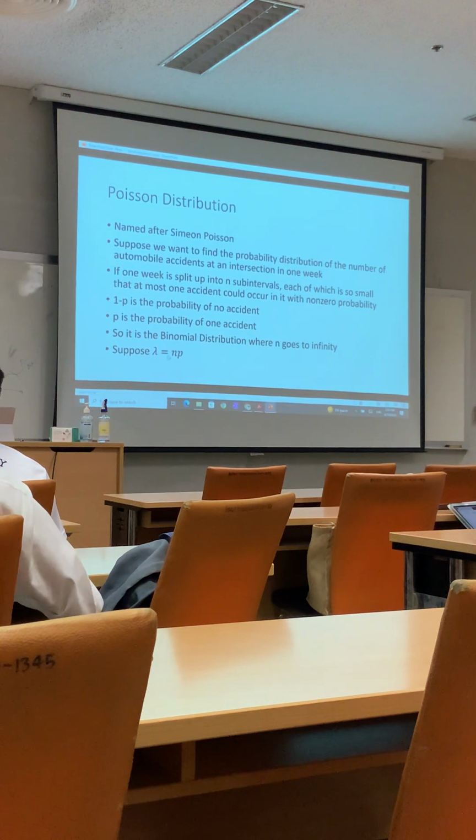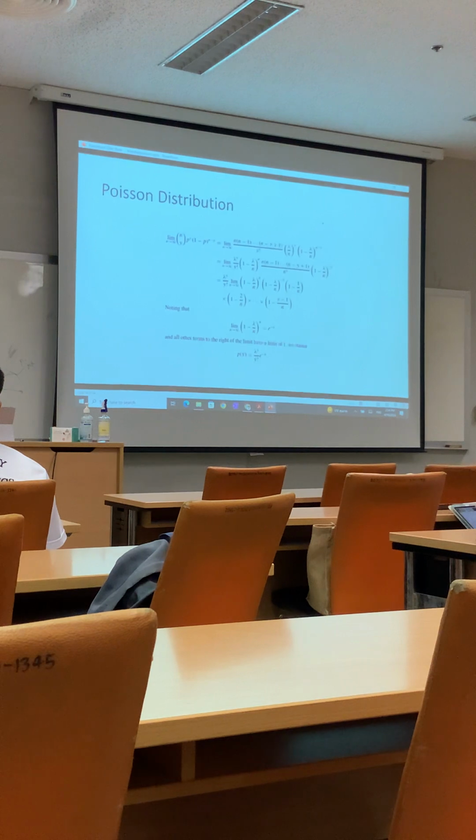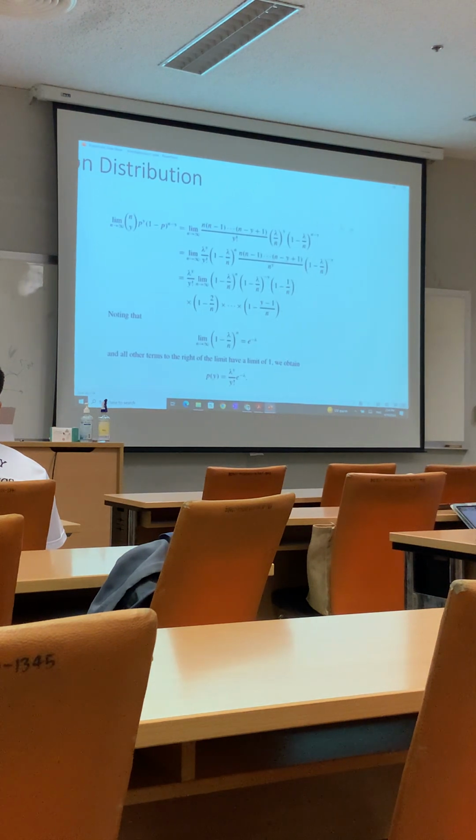So lambda is n times p, so p is lambda divided by n according to this relationship. So what we do here is replace this p to the power y with lambda divided by n to the power y, right? And this 1 minus p becomes 1 minus lambda over n.